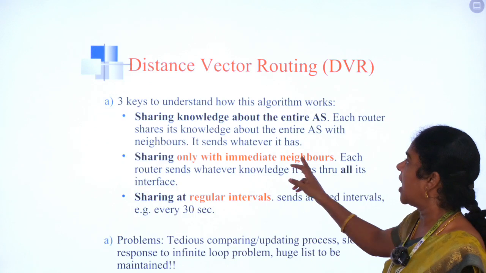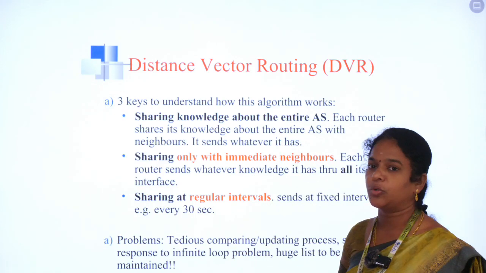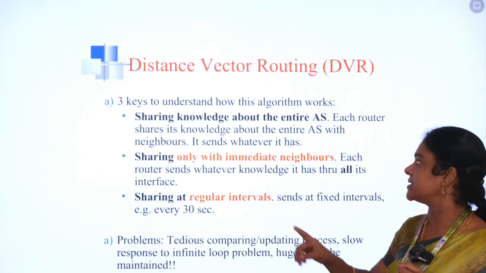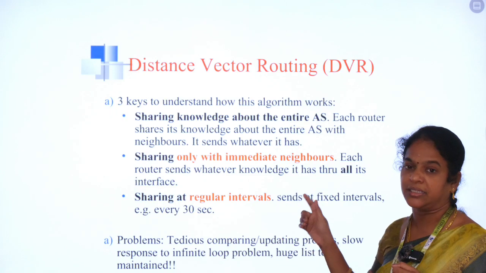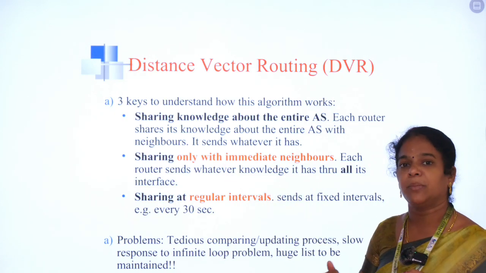So how do we understand distance vector routing and how sharing is used? It has 3 key points. The first one is sharing knowledge about the entire AS, that is the entire set of nodes. Second, sharing only with immediate neighbors.